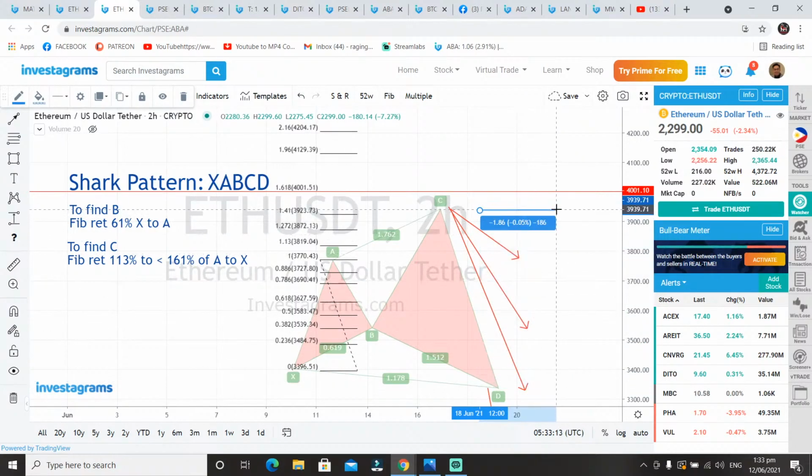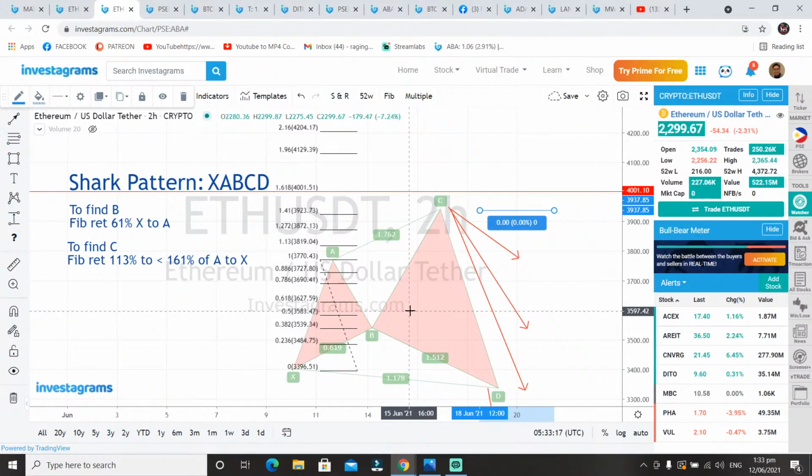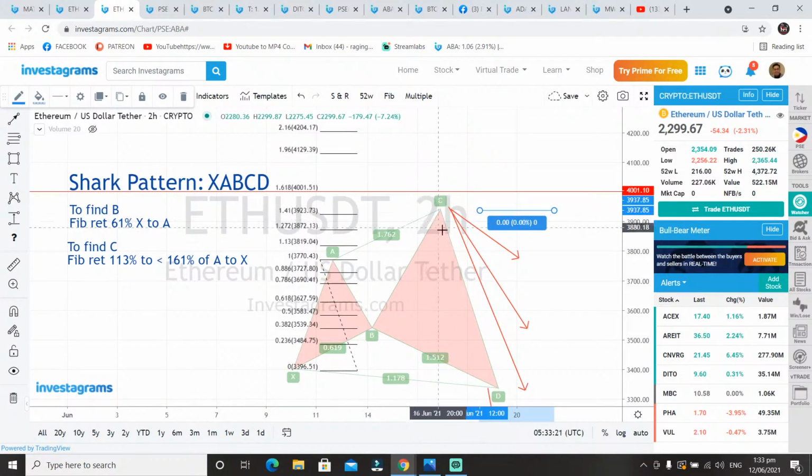But the important thing, always a reminder to all of you, be sure that you do not use our shark pattern, all our patterns, Gartley pattern, harmonic pattern, in your trade plan alone. That's why I'm always encouraging you to study our training course first.